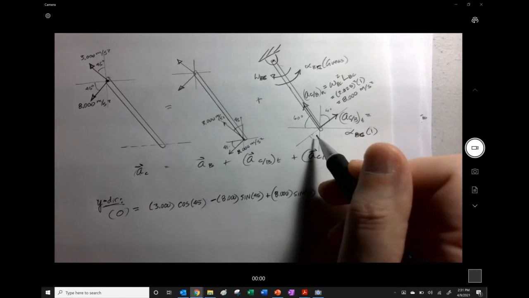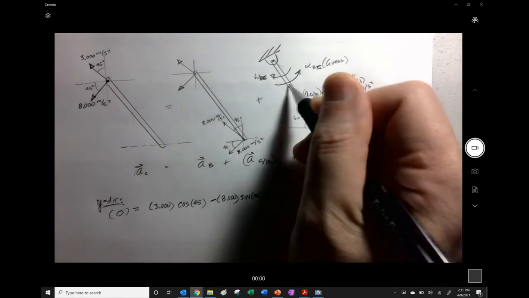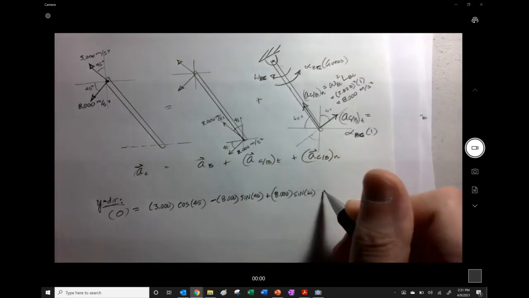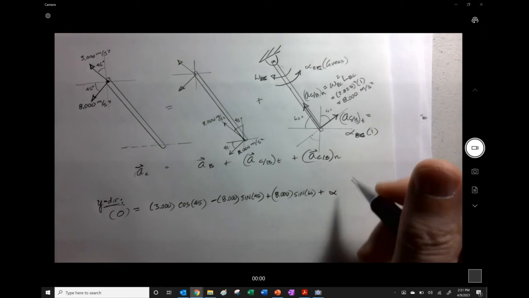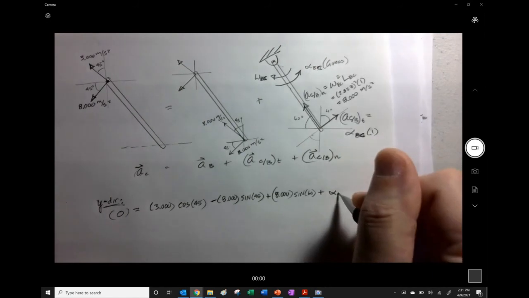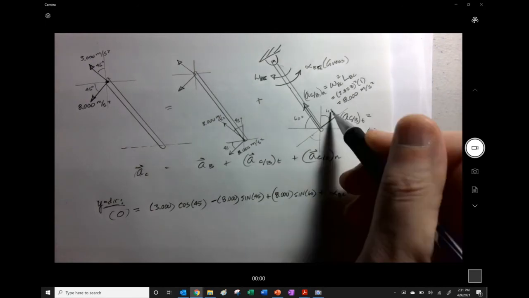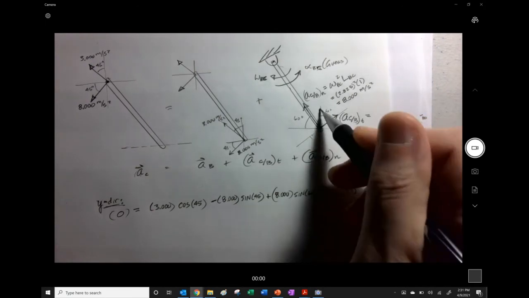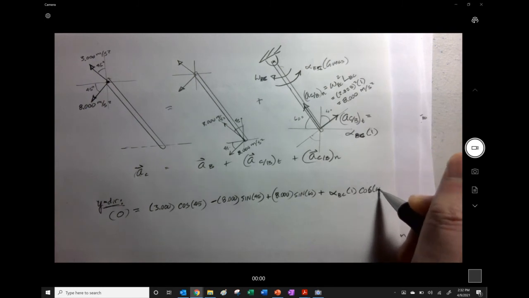And then this one, I'm showing this as being positive because I chose this counterclockwise, but I don't actually necessarily know it. So we're going to have alpha BC times 1, which I could have just left out right here, and then cosine of 60.